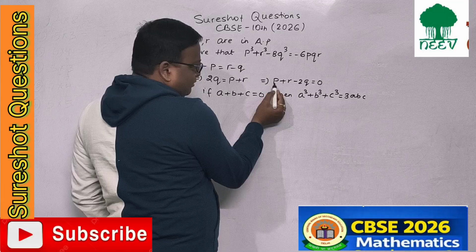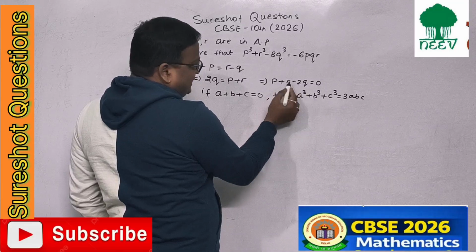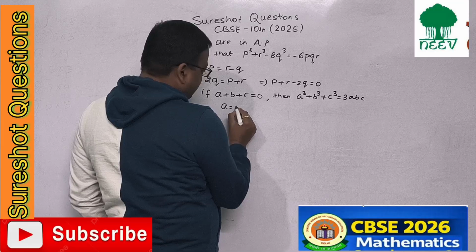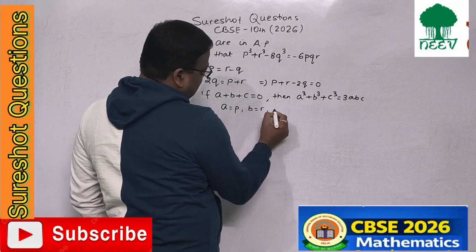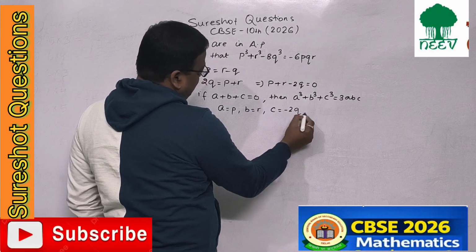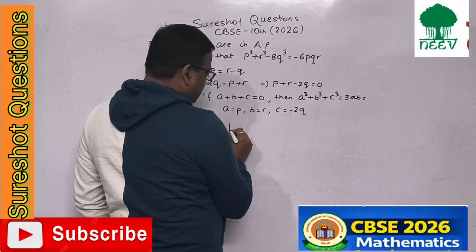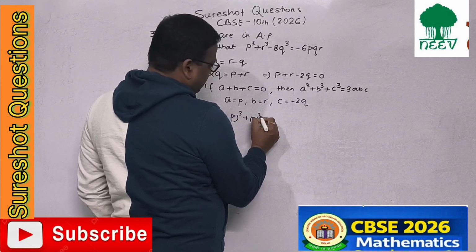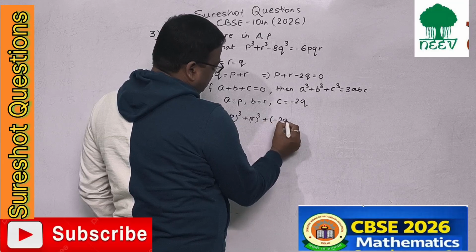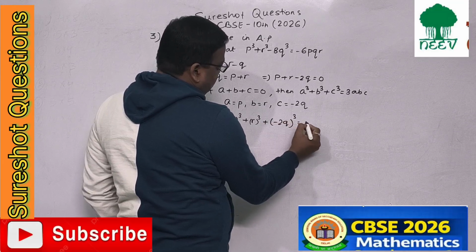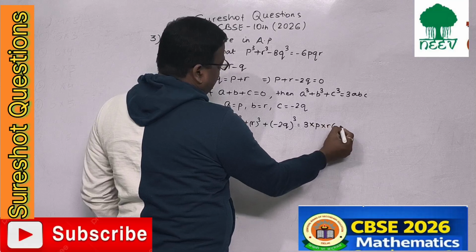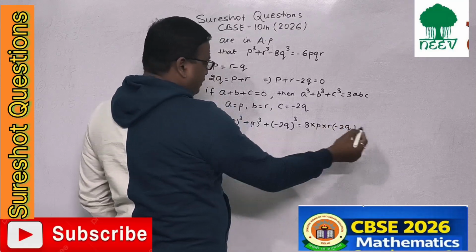So we have A equal to P, B is equal to R, and C is equal to minus 2Q. So what we can do is P cube plus R cube plus minus 2Q cube is equal to 3ABC. So we have put all the values.